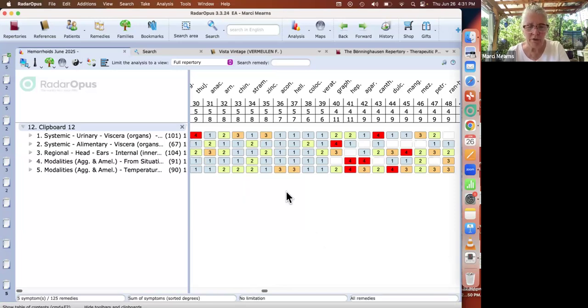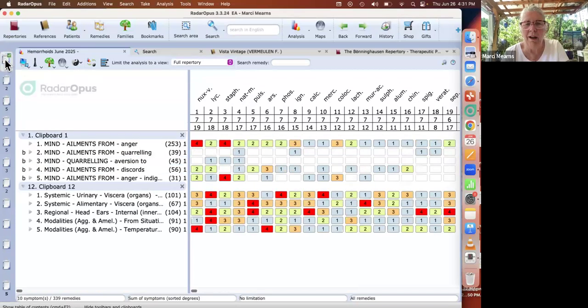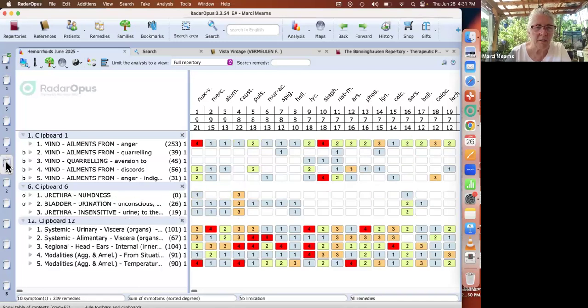So I could even do it this way and then just say, well, I know I have ailments from anger. What remedies should I consider? Okay. And then I could maybe throw in, oh, that urethra is so fascinating. Let's throw in the numbness in the urethra. And I've narrowed myself down now to Nux, mercury, and alumina. So I want to read those remedies. All right. So that's that case.